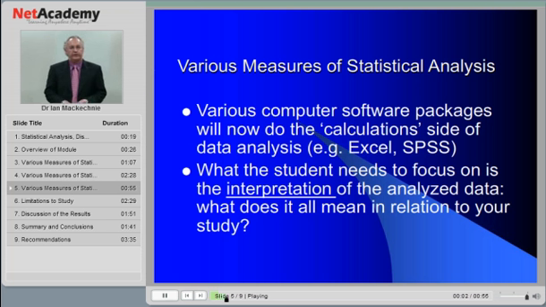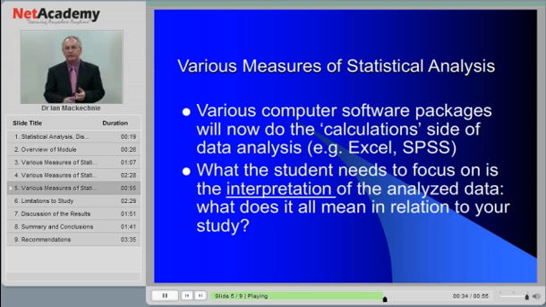Today, researchers don't have to be too focused upon the calculation side of things, because there are many computer software packages that will do the calculations for us. For example, in Excel or SPSS, the calculations will be done. All we need to do is feed the data in. The important thing to do as research students is to know what calculation we need to do and to understand what the calculation means.